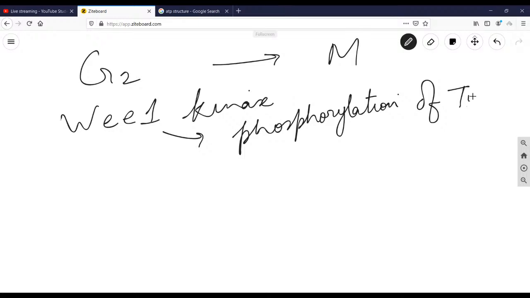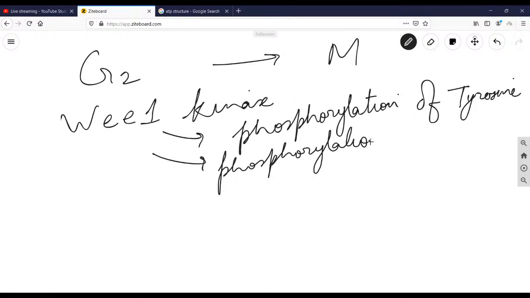It can cause phosphorylation of tyrosine and threonine also. It is also known as a dual specificity kinase. Why?